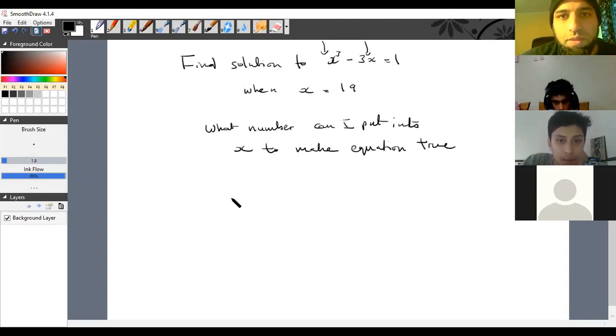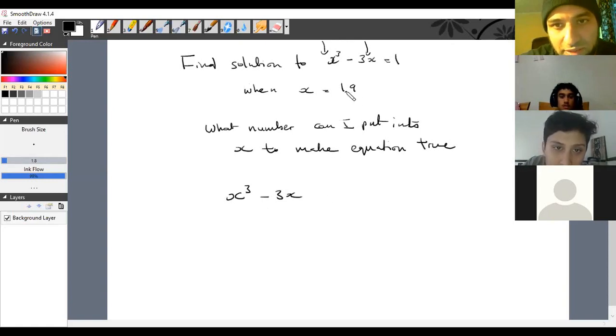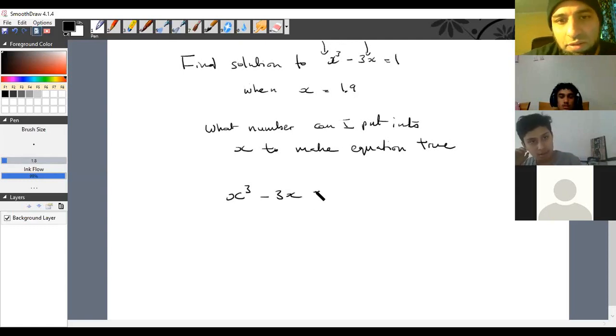So let's look at this equation. It says x cubed minus 3x equals 1. Wait, is that 1.9? Yeah, 1.9, yeah? Sorry, that's a good point. Thank you. It's just when I put the dot on, I don't think the computer registered it. Equals 1.